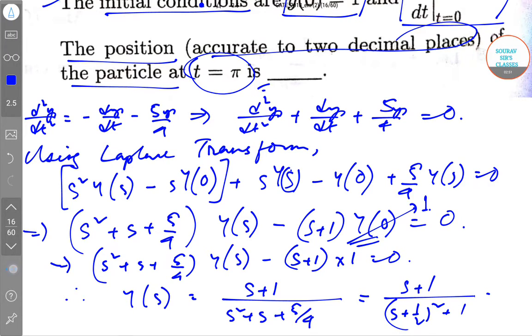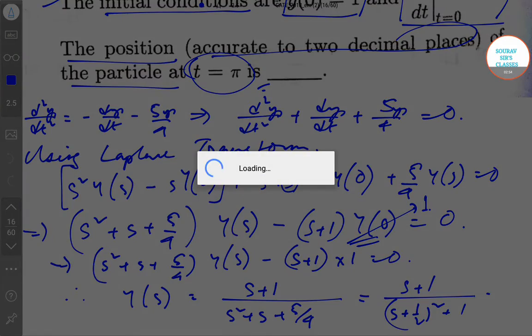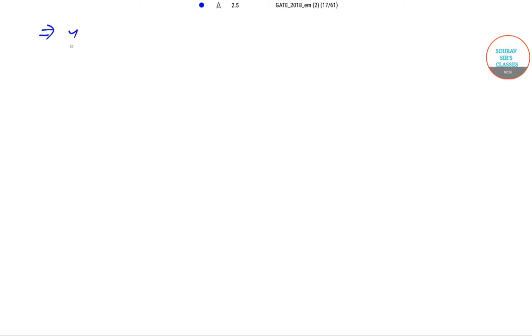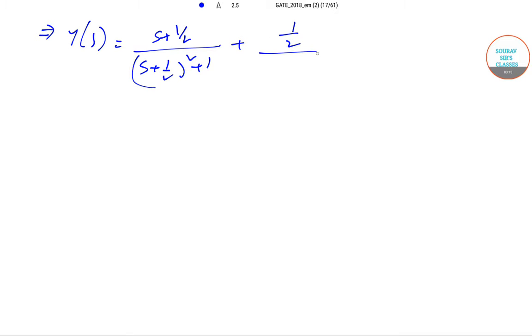Now I'll insert a new page over here. So that will imply that Y(s) is equal to, we'll break down the s + 1 into two parts. One part will be (s + 1/2) upon (s + 1/2)² + 1, and the other part will be (1/2) upon (s + 1/2)² + 1.